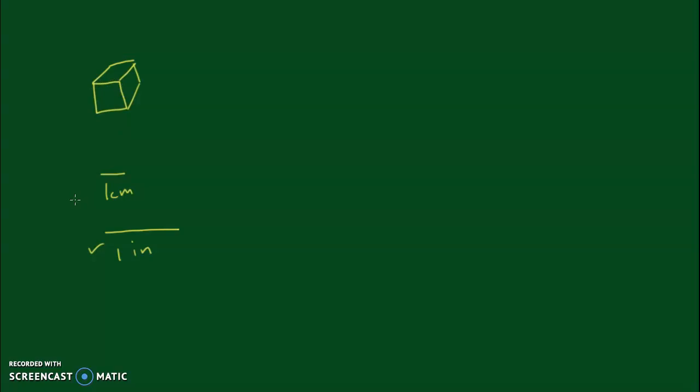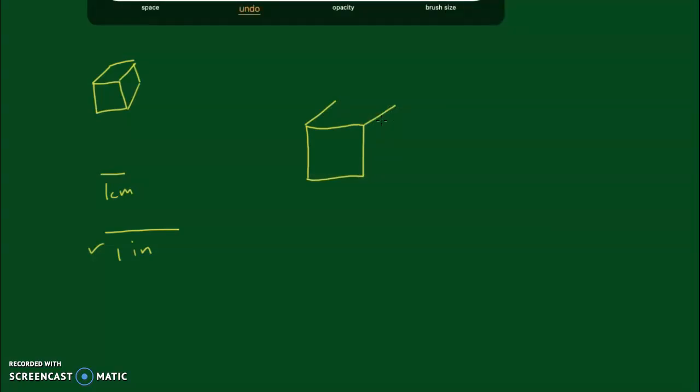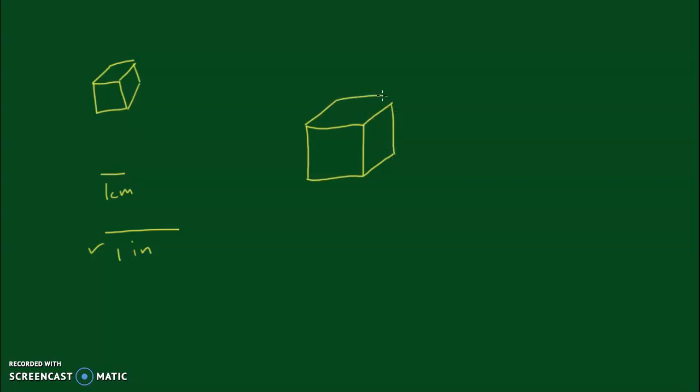One of the problems on your HomeLink is asking you to find an object you might measure with the given unit. So if this was on your screen, let's say this is 1 cubic inch.